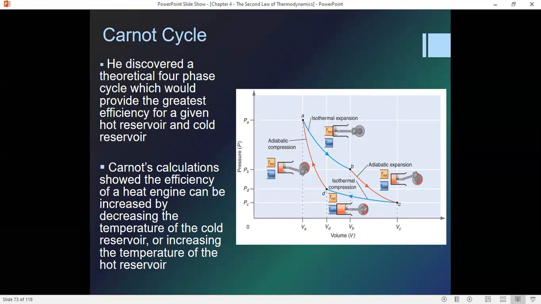We have an isothermal expansion from A to B. Then we do an adiabatic expansion from B to C. Then an isothermal compression from C to D. And then an adiabatic compression from D to A. Okay, and it's going around in a clockwise direction as all heat engines do. So this would be the greatest efficiency that could be achieved. All right, and he was able to figure this out.